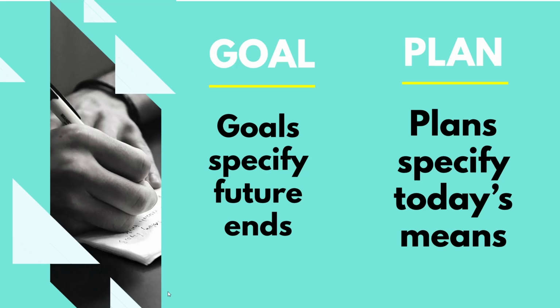Ibig sabihin, plans are about actions that we take today to achieve that goal. So a plan could include now steps like launching a marketing campaign or hiring more salespeople. So the plan tells us how we will reach the goal. In short, goals are about where we want to go, and plans are about how we'll get there. Alright, so nakuha natin yung difference ng goal at saka plan.